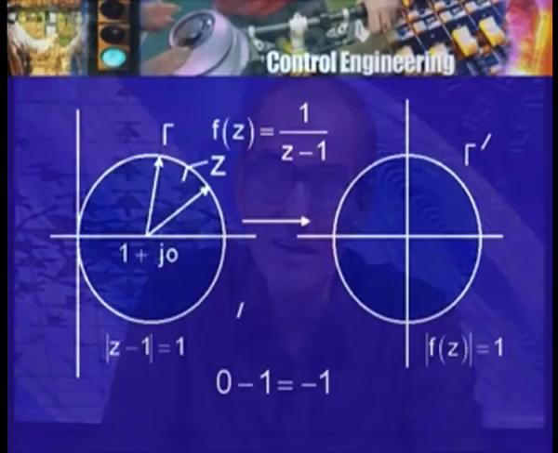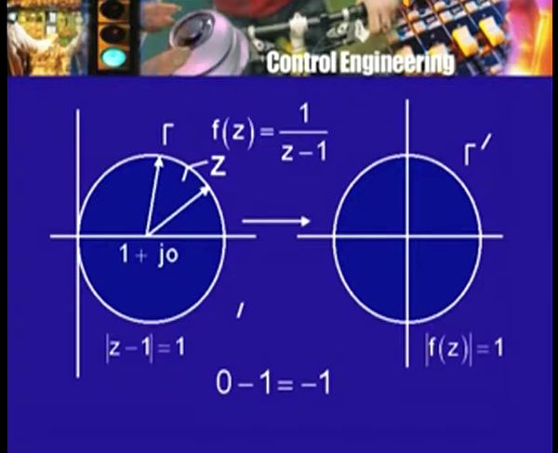And so you will see now that the image will be a contour which will be the unit circle in the w plane as it was earlier, except that the traverse direction will be reversed. That is, gamma prime will be traversed in the clockwise sense as point z traverses gamma in the counterclockwise sense. So this traverse is opposite in sense to this traverse.